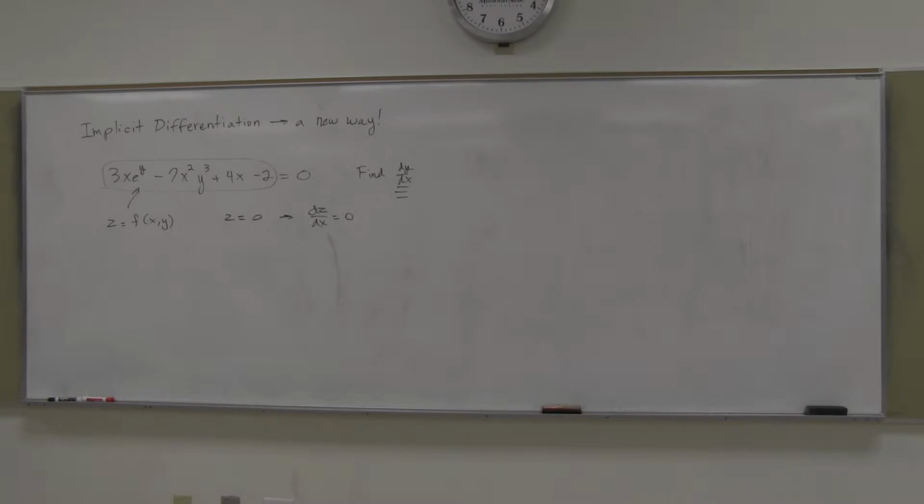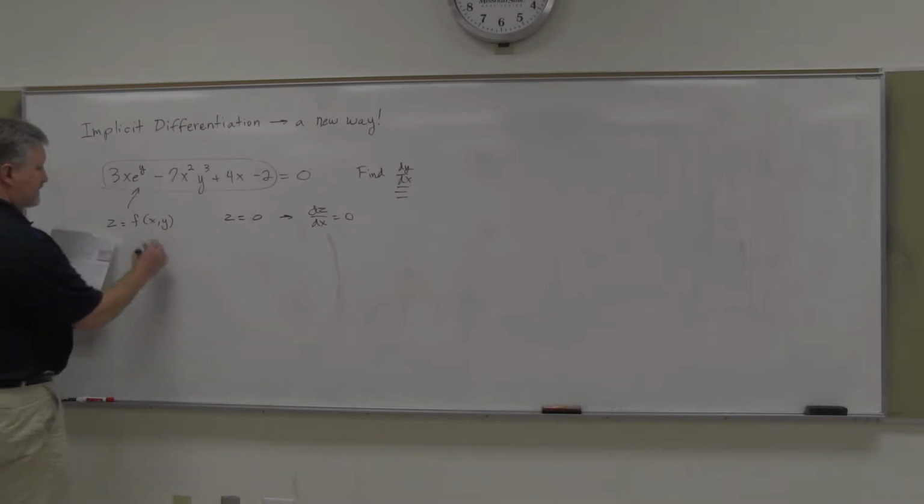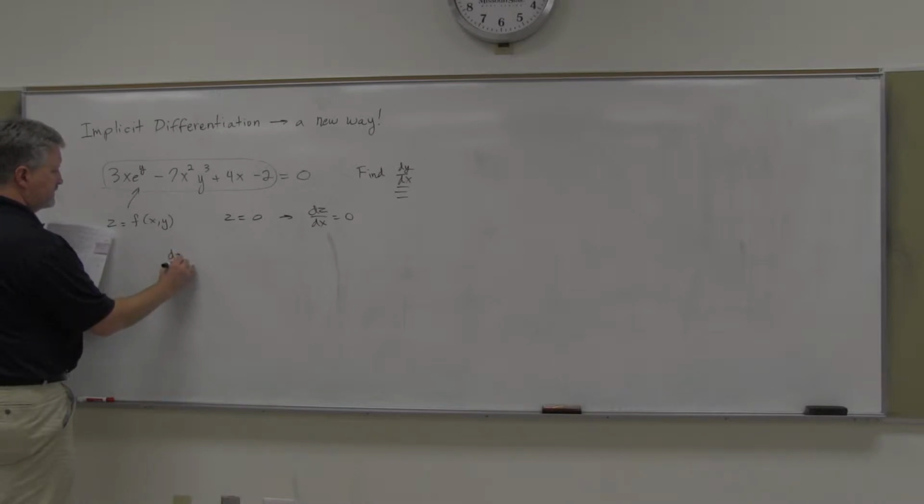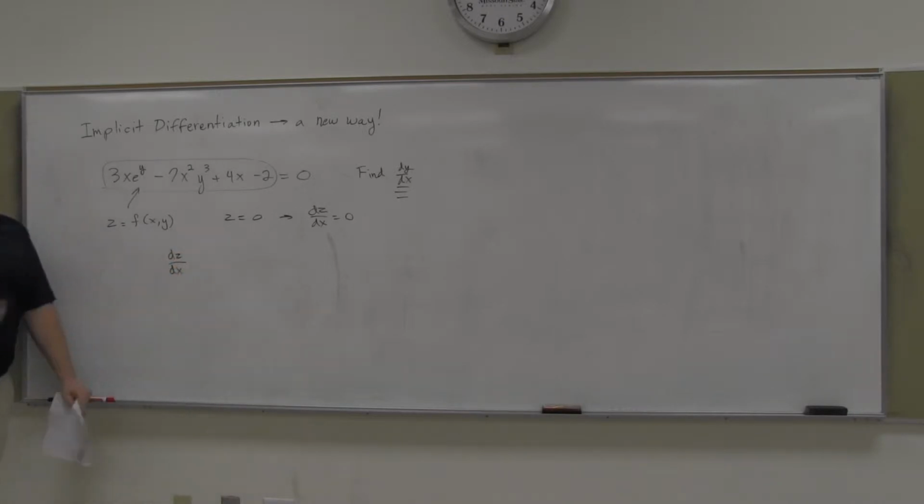Now, let's think dz over dx. We just went through that. All right, so I've got this function, z equals f of x, y. How do I get dz over dx?